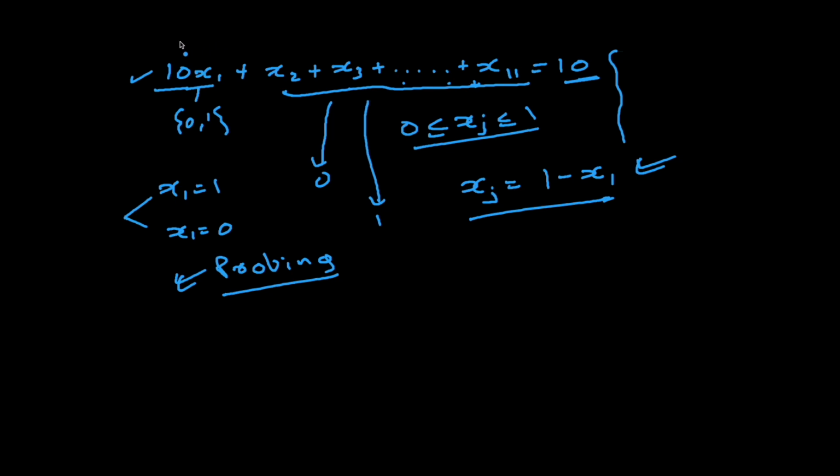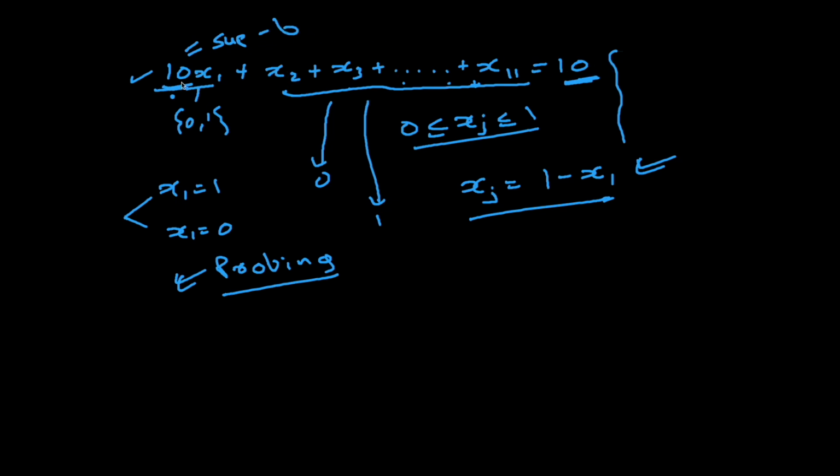I'm not really going to discuss how to do it, but you can basically figure it out. You can find out the infimum of the left hand side and the supremum of the left hand side, and see how it relates to this b value. This kind of thing mostly happens when we use big M constraints. So we look for variables whose coefficient is equal to the supremum of this constraint minus b.